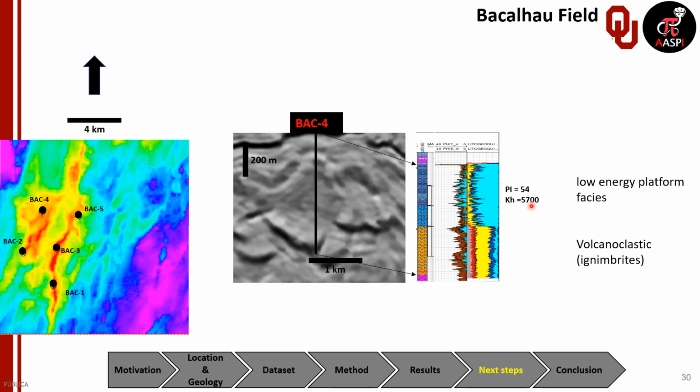So only at the very top we have these very low values of productivity related to low energy platform. So we're going to use the Meru training and try to predict the flow capacity and productivity index, and we use these wells as blind tests.